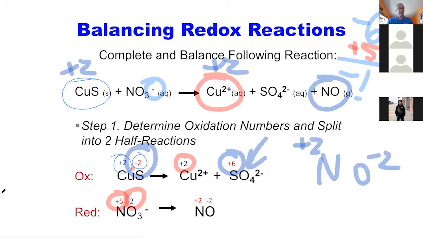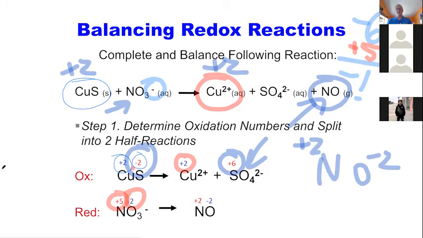For the reduction reaction, oxygen doesn't change its oxidation number. It was -2 when it was bound to nitrate, and it's -2 when it's bound to nitrogen again. But notice the difference. Nitrogen was bound to 3 oxygens as a reactant, and on the right side, it's only bound to 1.